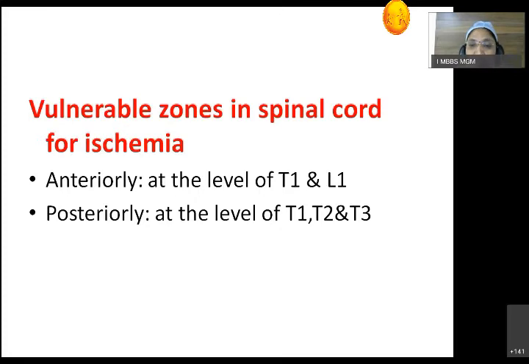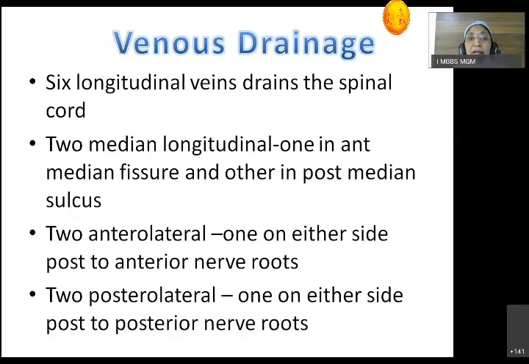Because the radicular arteries which reinforce the spinal cord are present below T1 and below L1. Similarly, posteriorly, at the level of T1, T2, T3, there is less blood supply. So these are the areas which are more vulnerable to ischemia whenever there is a decrease in blood flow in the spinal arteries. So that is all about the blood supply of the spinal cord.